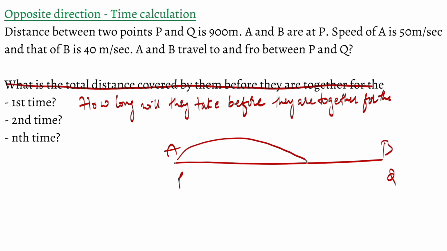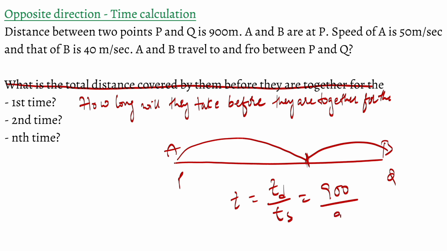A started from here and B started from here, and they both met somewhere here, right? So the time is equal to total distance by total speed. Here total distance is 900 meters by total speed we know, that is 90 meter per second, 50 plus 40.